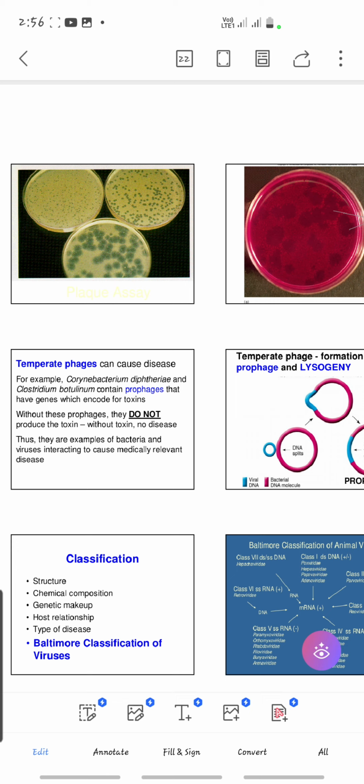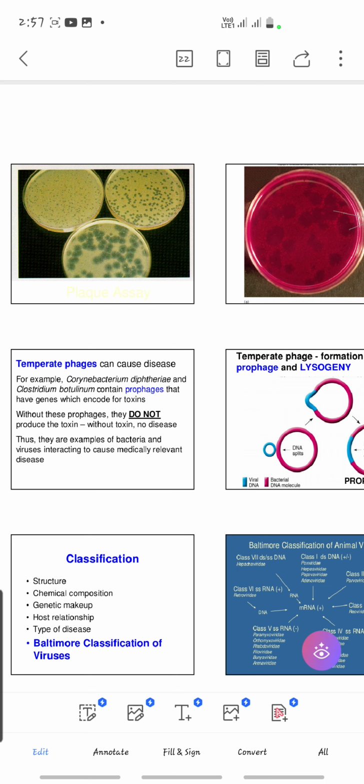Okay, because it produces toxin. Without these prophages, they do not produce the toxin. Without the toxin, no disease. So these prophages have a gene that encodes the toxin. But if there are no prophages at all, there is no toxin and no disease at all. Thus they are examples of bacteria and viruses interacting to cause medically relevant disease.